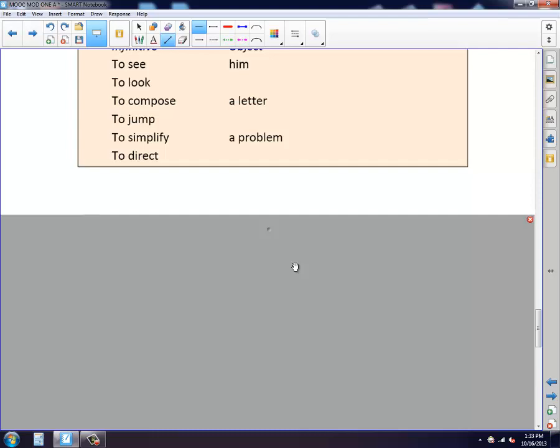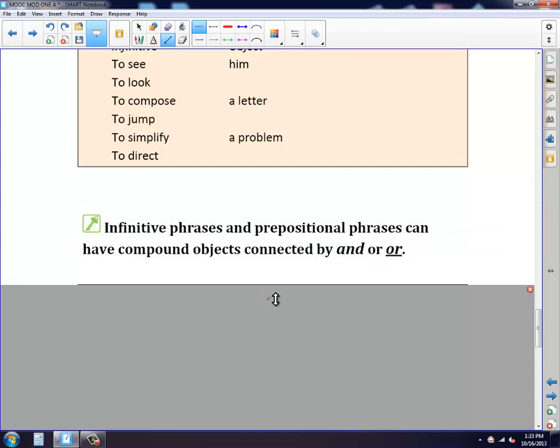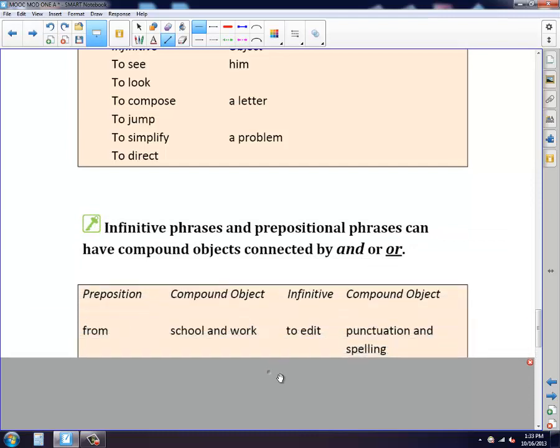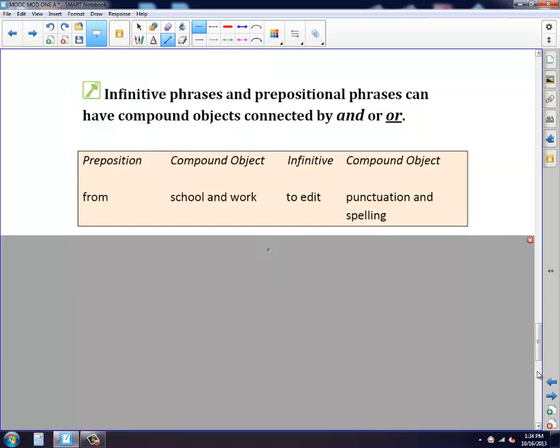Both prepositional and infinitive phrases can have compound objects connected by and or. In the chart, from is the preposition, school and work, compound object, to edit, infinitive, and compound object, punctuation and spelling.